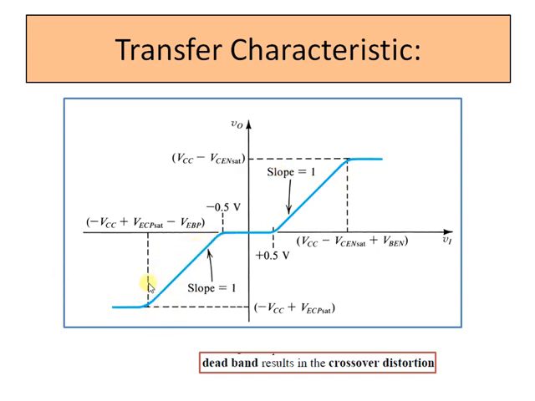So at 0, as you can see, the output voltage is 0 and both the transistors are in cutoff. Because we have a range from -0.5 to +0.5 where the output voltage is 0, this band is called the dead band, which results in the crossover distortion.